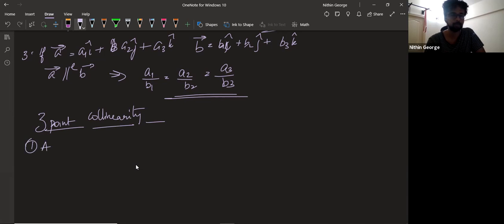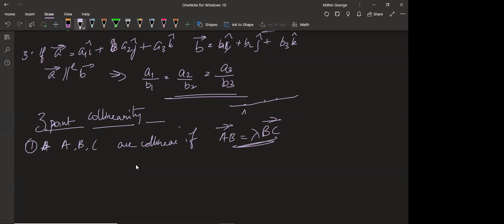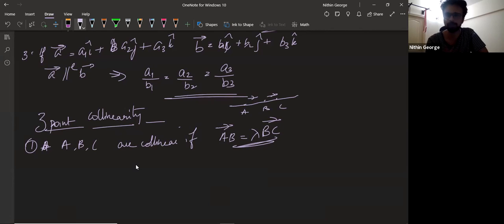Here, 3-point collinearity is what we're taking. 3 points A, B, C are collinear if, this is obvious, AB vector is equal to lambda into BC vector. If the 3 points are collinear, AB vector and BC vector are also collinear. That's the idea.